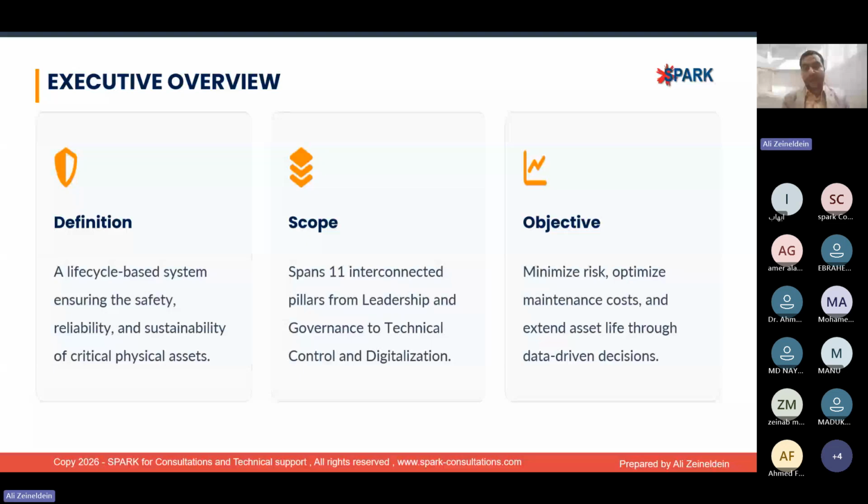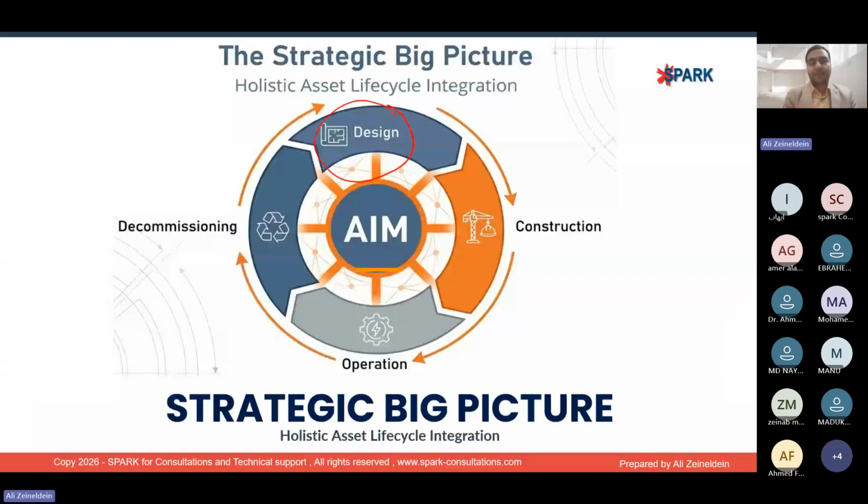This is the strategic big picture. Okay, we can see here, start from the design. The best way to manage the assets during lifetime is to start with the design phase.